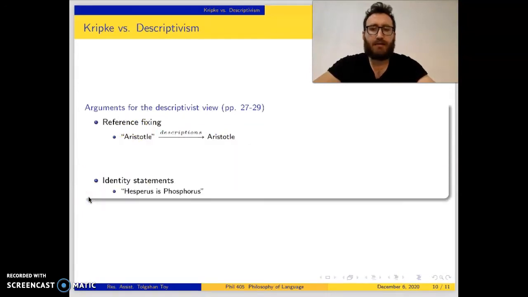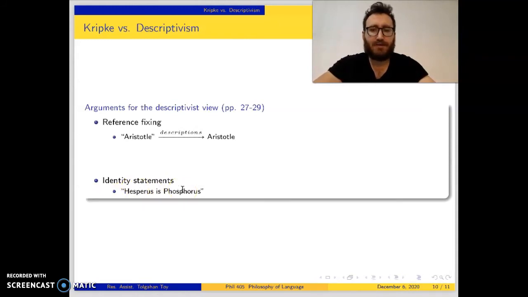And the descriptivist theory is able to make sense of informative identity statements. As you remember from Frege's work, there are two kinds of identity statements, informative and non-informative. When you say Hesperus is Hesperus, it's a non-informative identity statement. But this one, Hesperus is Phosphorus, is an informative identity statement.